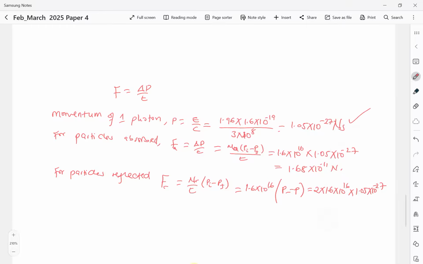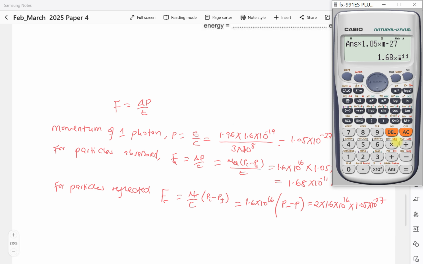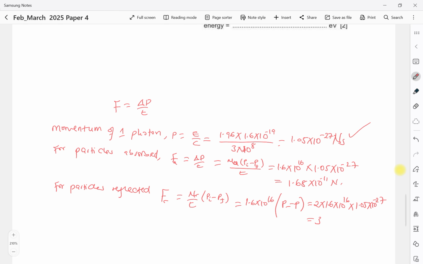So I just have this times 2. That is 3.36 times 10 to the power of minus 11 newtons.